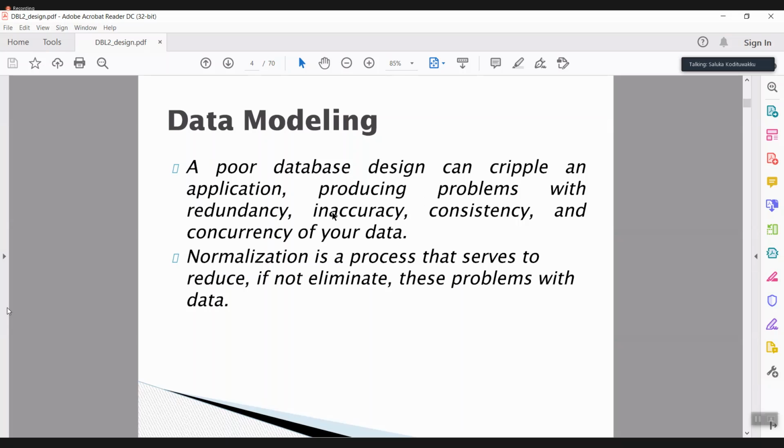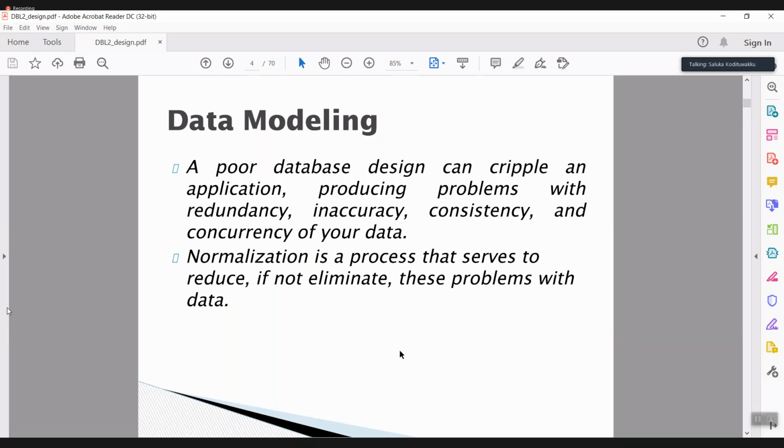A poor design will produce several problems like inconsistency, performance issues, and difficulty with concurrent access. To make a poor design a good design, we have to send it through a normalization process.